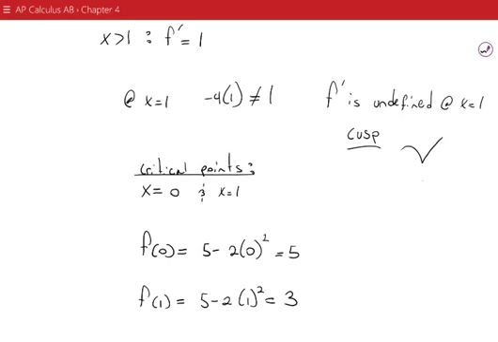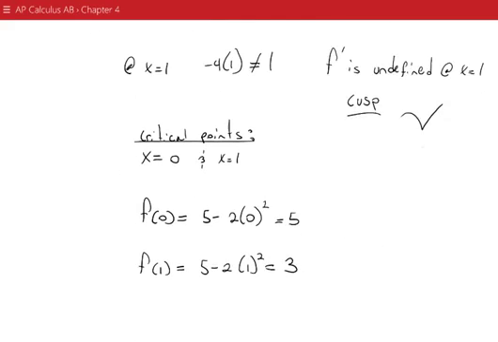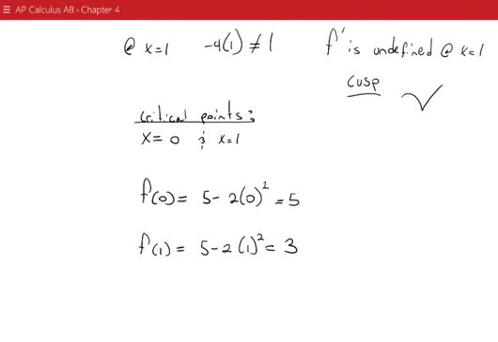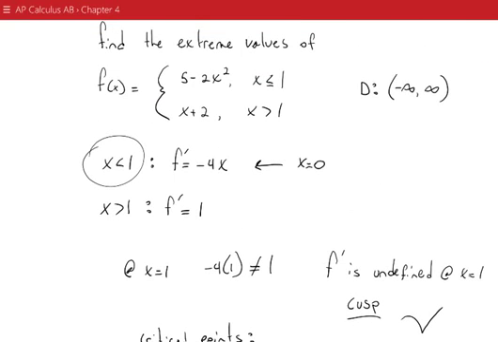In order to determine whether or not these are maxes or mins, we can look at what's going on either side of the function. But in this case, this is a critical point, and it's 5. And if we were to look at what the function is doing off to the left or to the right, this is an upside down parabola.